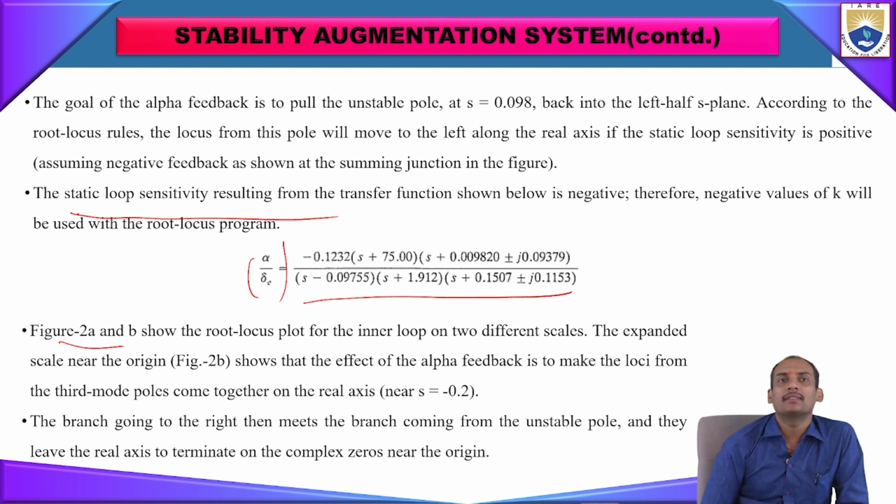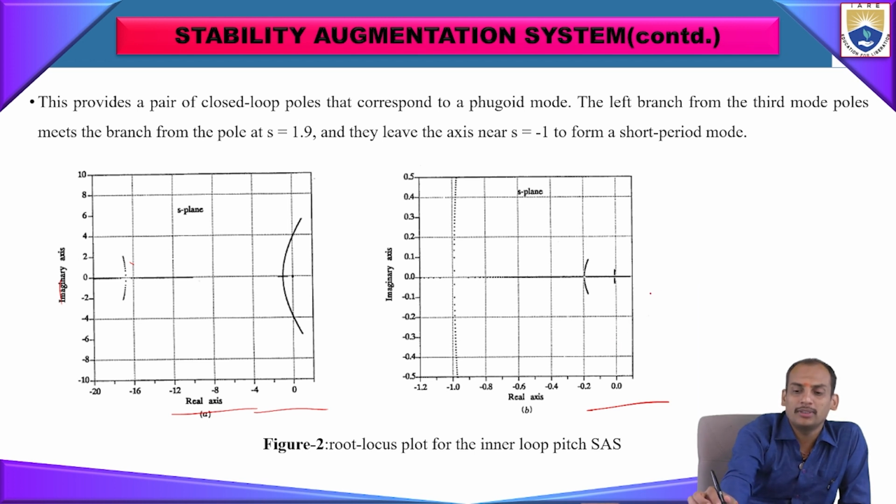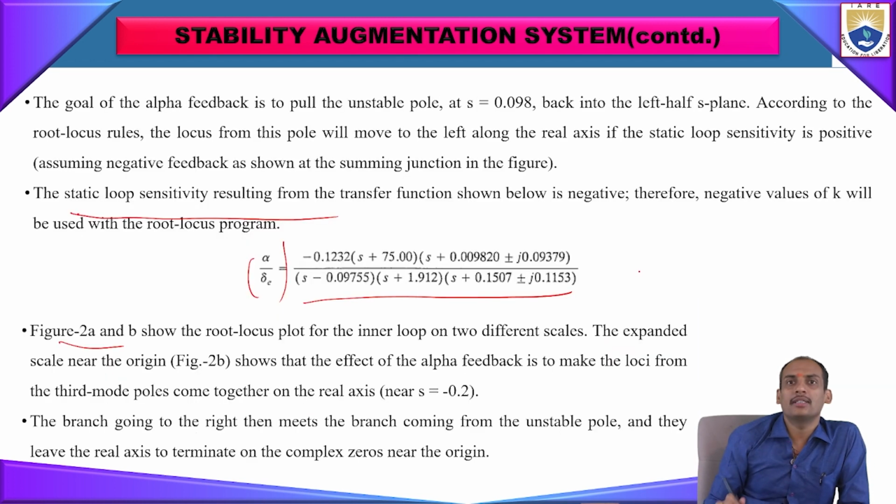The expanded scale near the origin shows the effect of alpha feedback to make the loci from the third mode poles come together on the real axis. So the branch going to the right then meets the branch coming out from the unstable pole, and they leave the real axis to terminate at the complex zero near the origin.